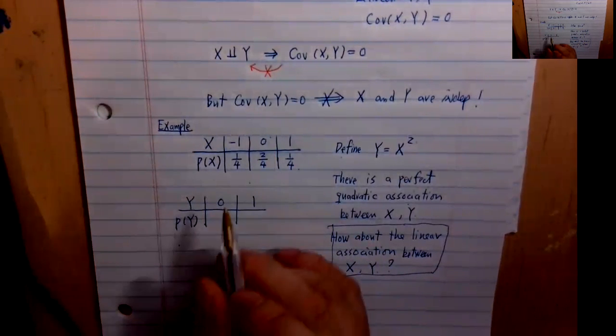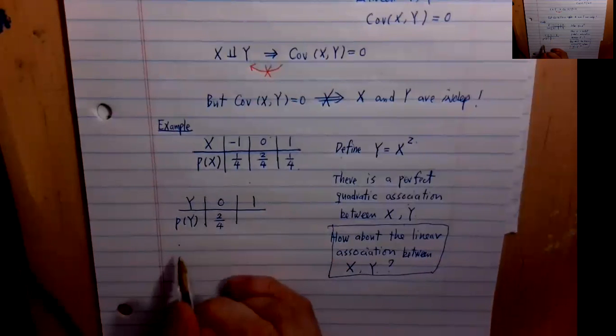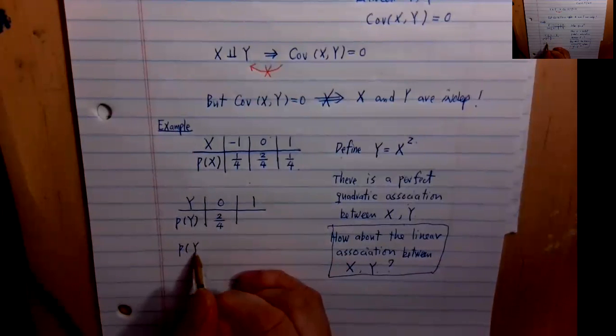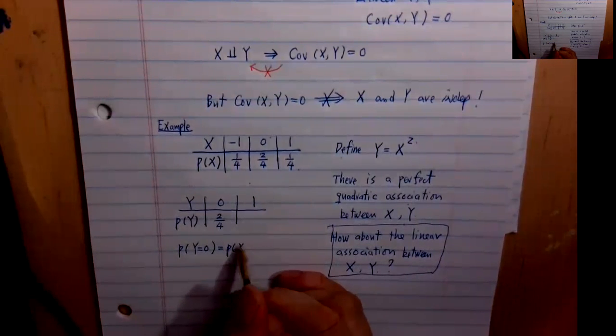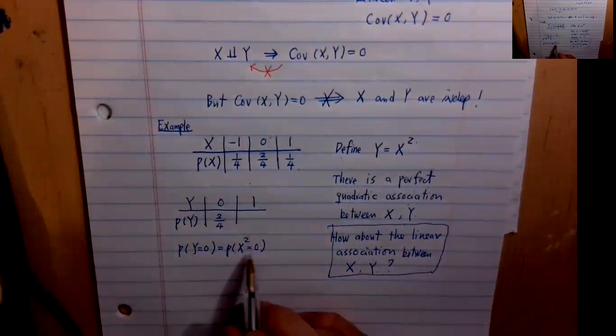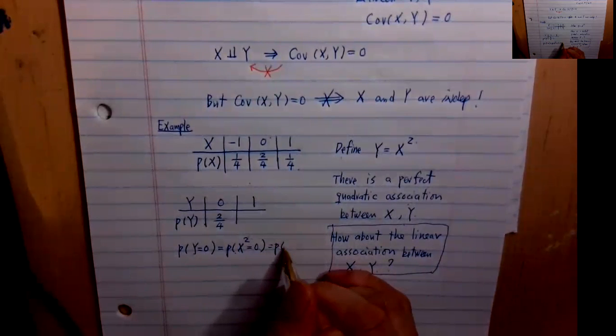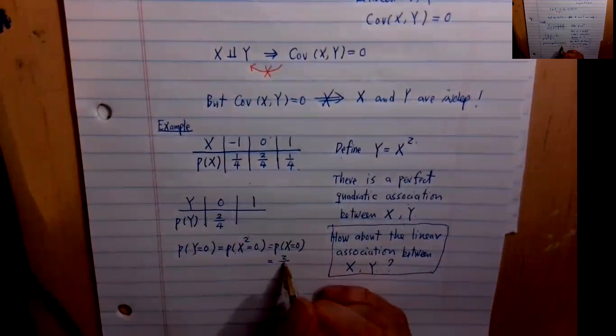So Y equal to 0 comes from X equal to 0. Probability Y equal to 0 is equal to probability X squared equal to 0. The only chance is X equal to 0, and that chance is 2 over 4.